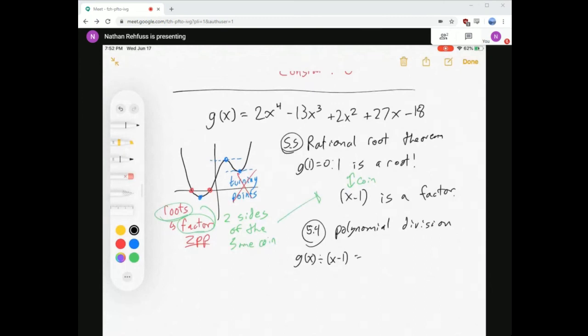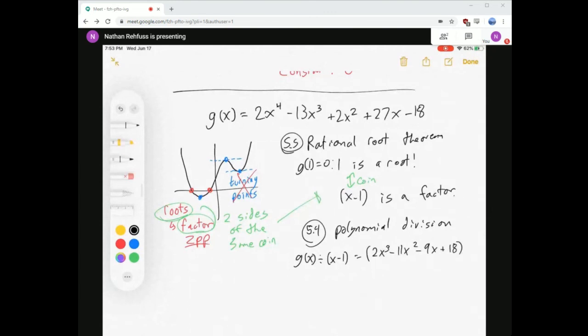We'll find out that when you divide, you get 2x cubed minus 11x squared minus 9x plus 18. That's what you get when you divide g of x by x minus 1.